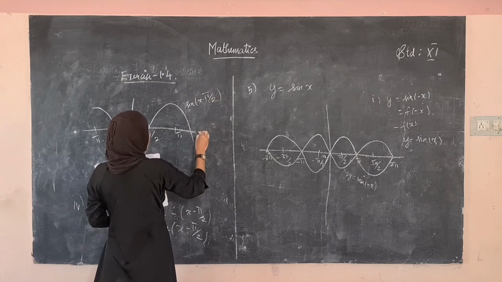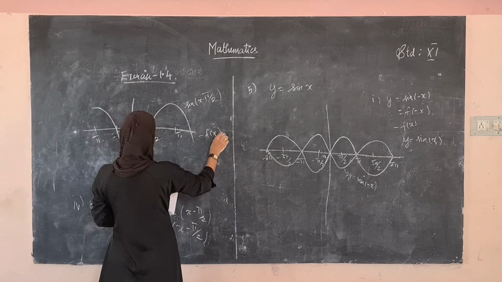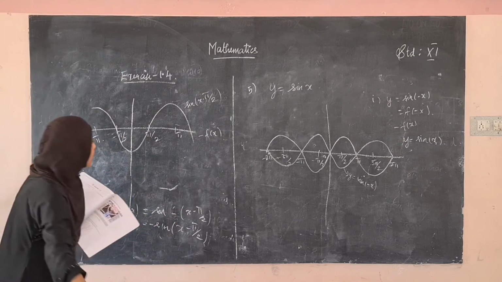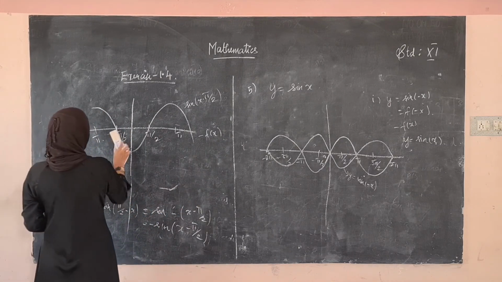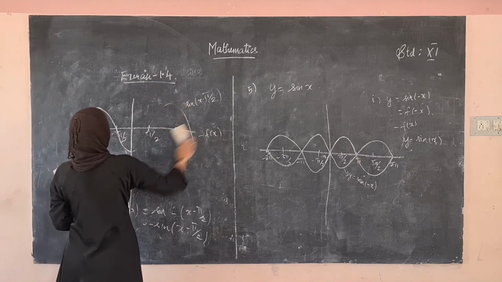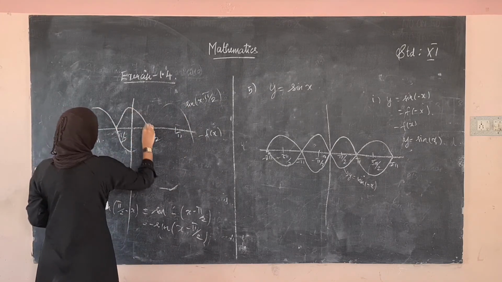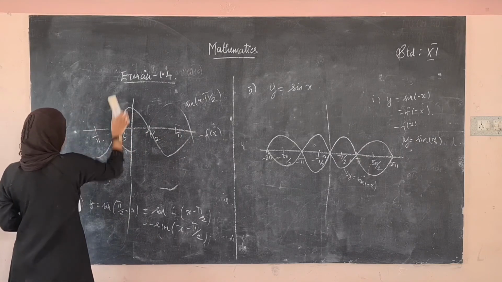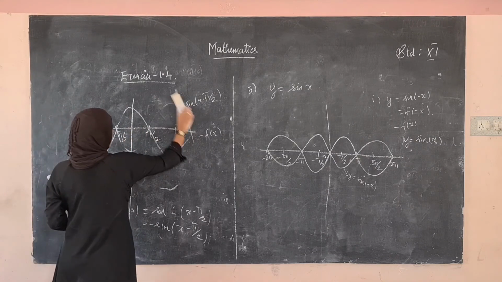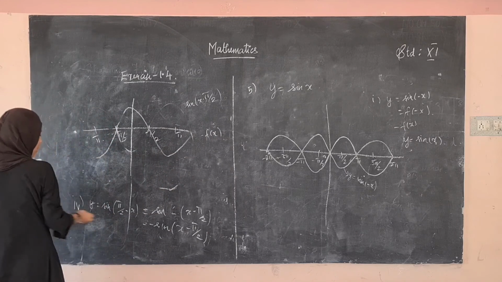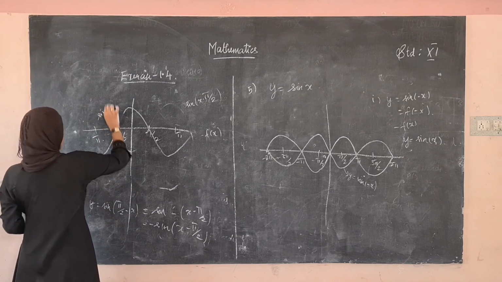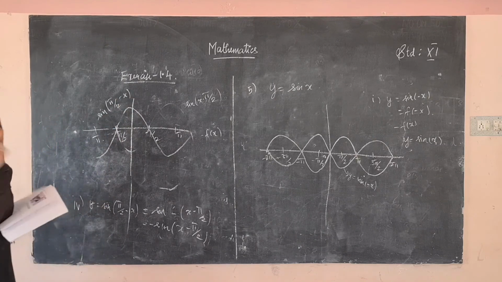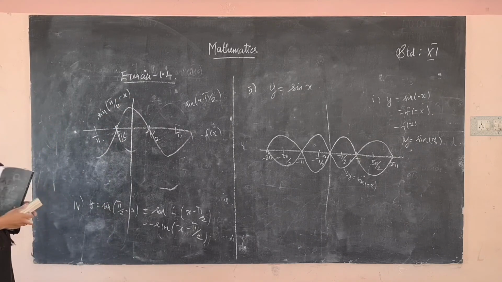Minus f of x means it is symmetric over the x axis. So symmetric over the x axis, the graph will be like this. This is the graph of sine of (pi by 2 minus x). So the only thing is transformation. You have to transform according to the question they have given.